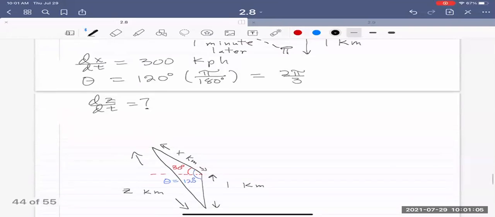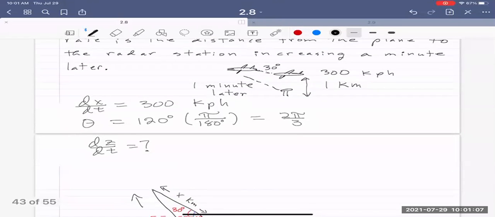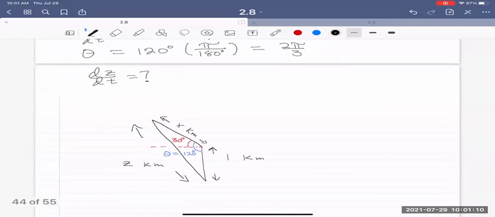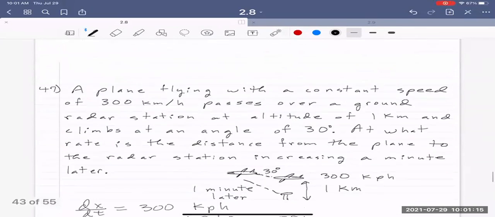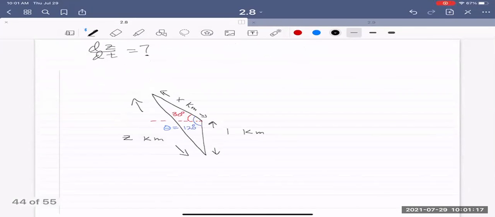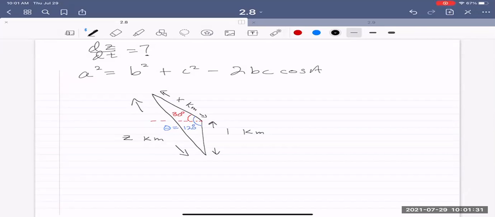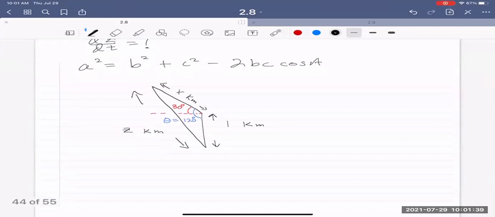Okay. Use the law of cosines yet again. So from the law of cosines, just like before, we have that a squared is equal to b squared plus c squared minus 2bc cosine A. So let's figure out what that gives us.